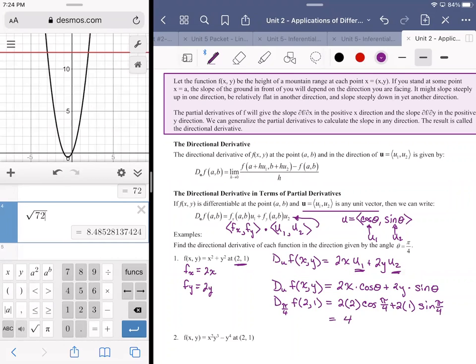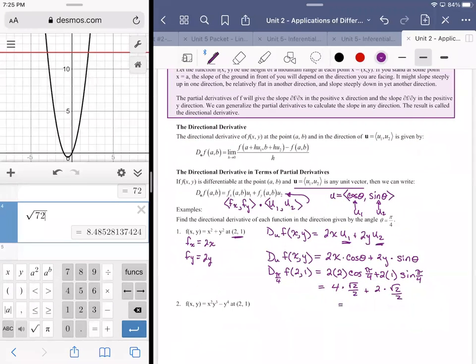We're looking at 4 times radical 2 over 2 plus 2 times radical 2 over 2. Clean it up. 2 radical 2 plus radical 2 is 3 radical 2. Barring any catastrophic error. Right, so what we just got is the rate of change for this multivariable function.